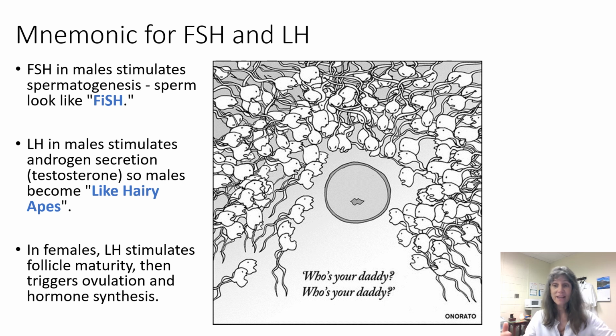So males become like hairy apes, okay? LH, like hairy, okay? And then in females, luteinizing hormone stimulates the maturity of ovarian follicles where eggs are produced. It triggers ovulation and hormone synthesis. So if you think of fish and hairy, like hairy in males, that might help you remember that.